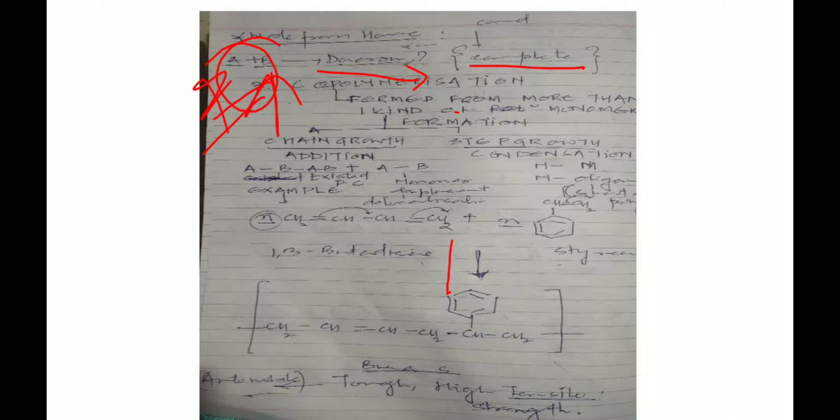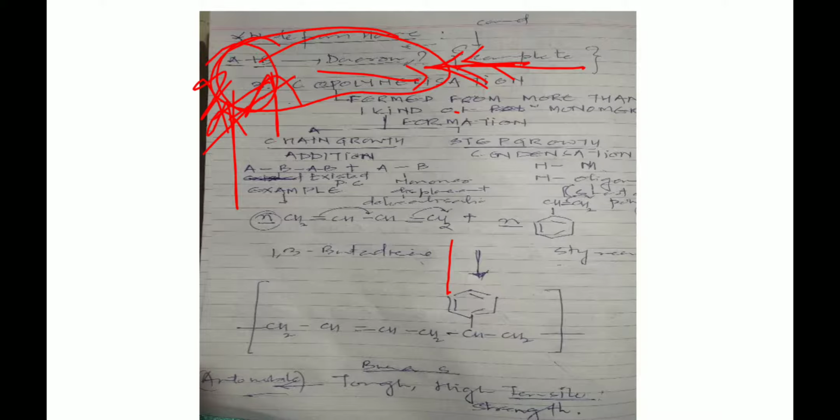This is an example of a condensation polymerization reaction. What you have to do is complete this reaction: what would be the reactants, and the product that is formed is Dacron. So you have to complete this reaction.